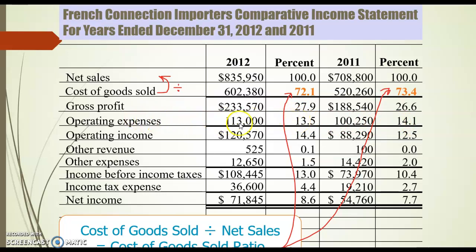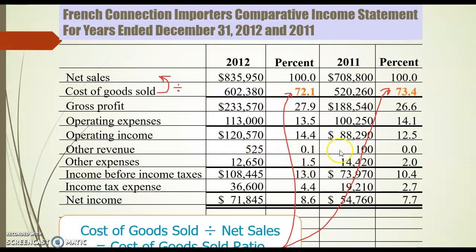How were we able to hold selling and administrative office type expenses down a little? And so our operating income, which is just gross profit minus operating expenses, went up because our gross profit went up, but our operating expenses percentage went down, so our operating income definitely went up. It's usually a good thing, but again, until you investigate it, it might not be.